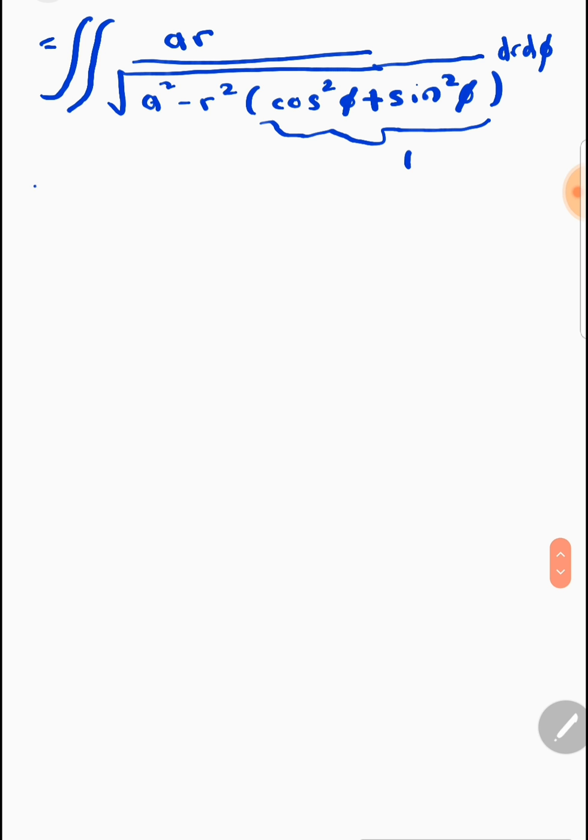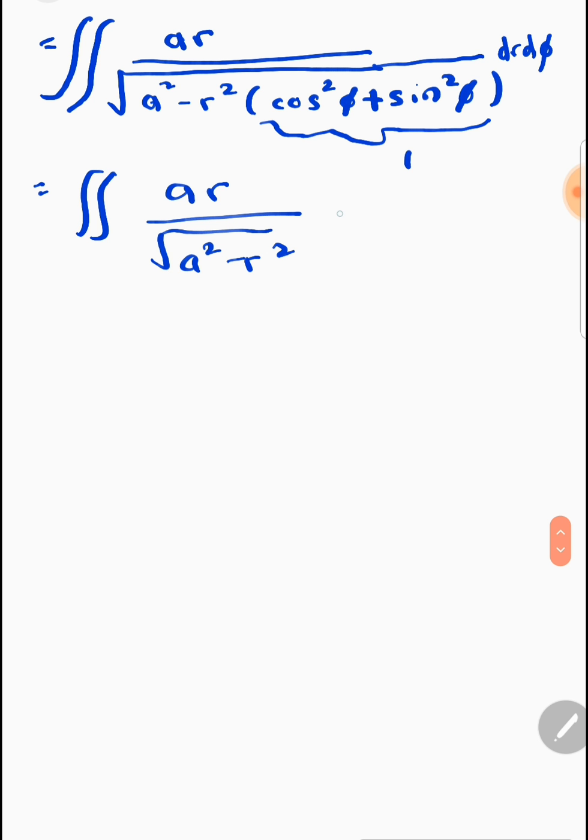Now this leaves me with a much simplified version, r over the square root of a squared minus r squared, dr d phi.